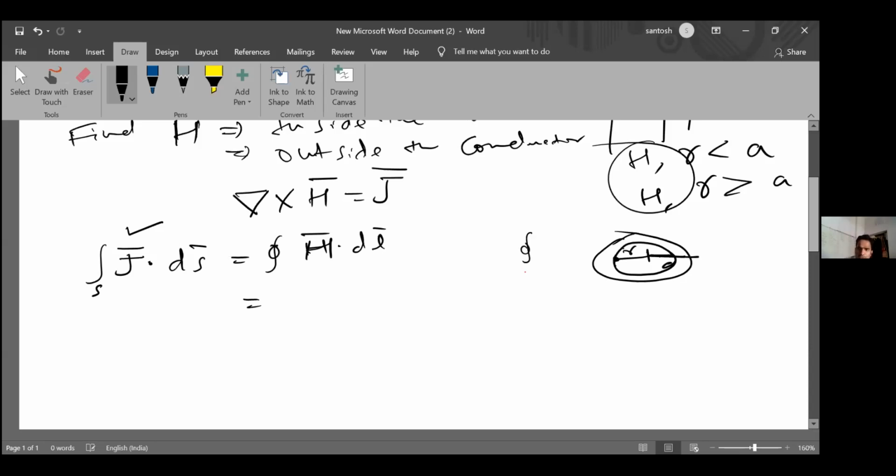So my integral of dl will be 2 pi r, so this will be H into 2 pi r, where r is this small r.